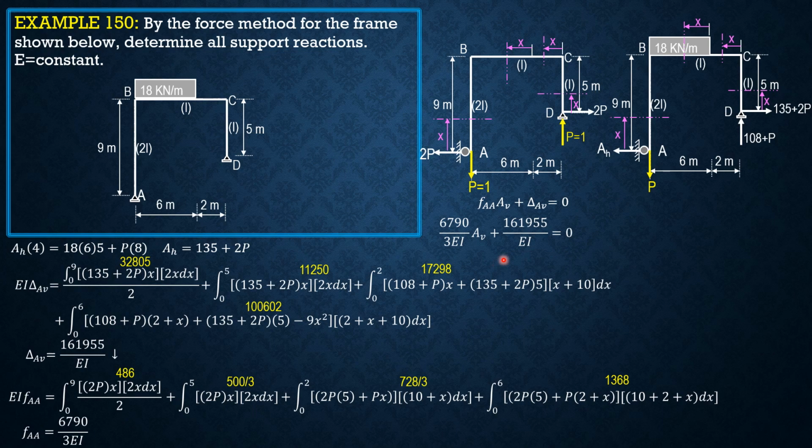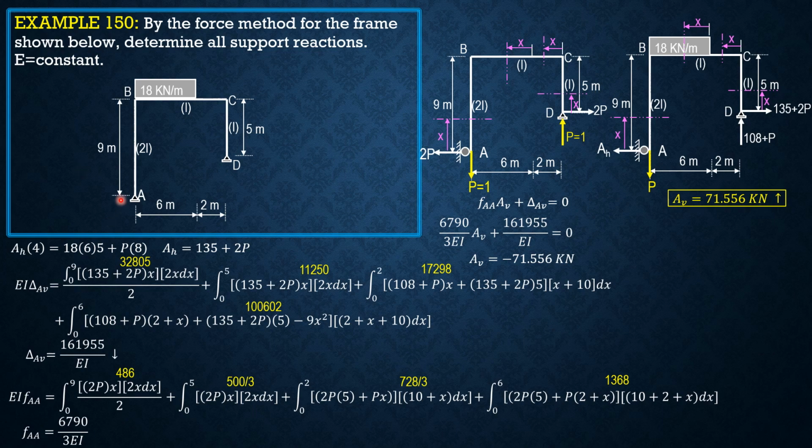Cancel out EI. So AV is negative and we assumed that it is downward, therefore AV is upward. AV is negative 71.556. It opposes this direction, therefore AV is 71.556 upward.